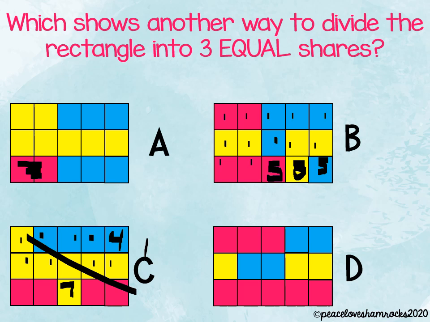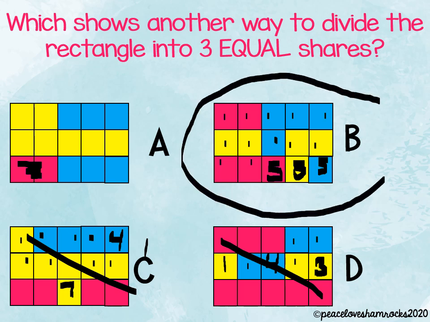On D, there's 1, 2, 3 yellows and 1, 2, 3, 4 blues. So we can stop right there because they're not equal. I don't even have to count the pinks because I automatically know that we won't be getting the same amount. So our answer should be B. B is the one that you and your 2 friends would want if you wanted the same amount of squares each.